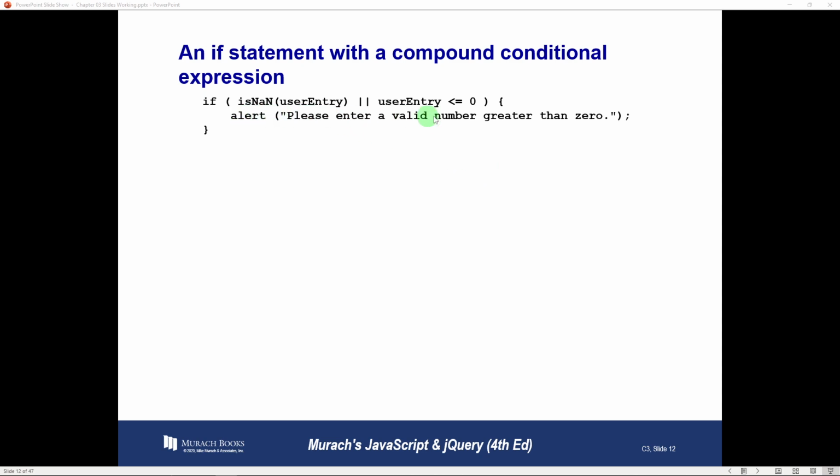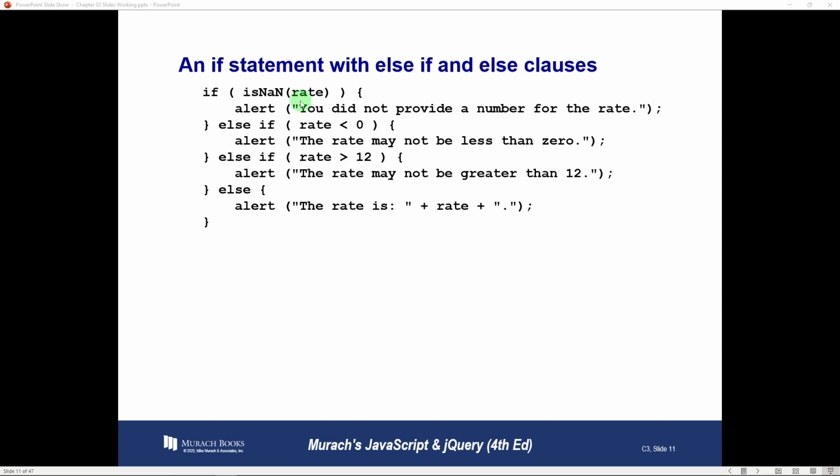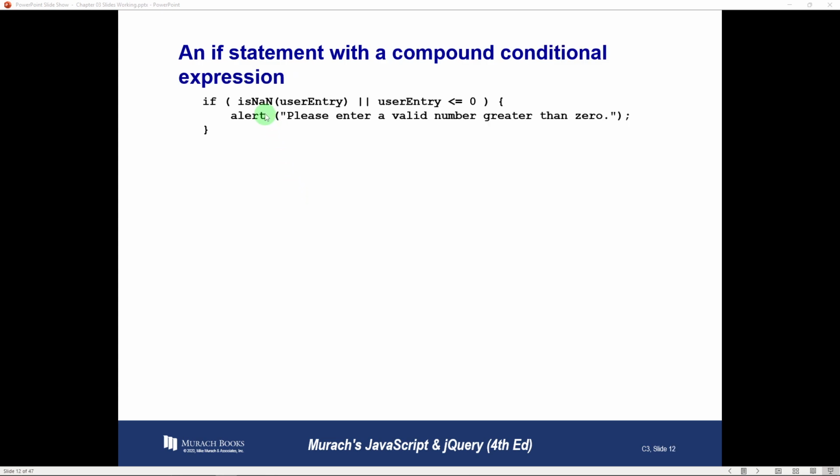This one isn't quite as specific. It doesn't tell them whether the number was negative or whether the number was not even a number. It just says enter a valid number greater than 0. So it's a little more generic error, but it's a much shorter line of code too. It just depends on the specificity that we need. Which method do you use? Do you use a string of ifs and else ifs, or do you use some compound conditional expressions?